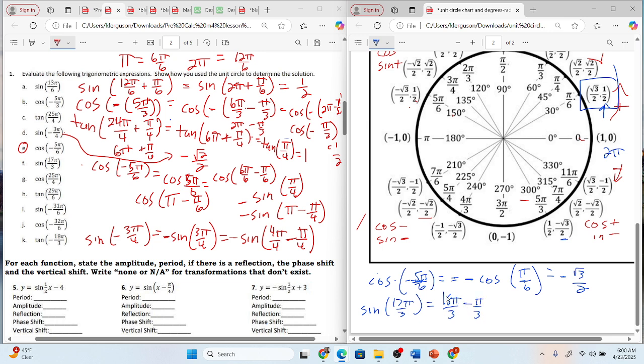Wouldn't that be 17? And that is 6 n times pi. So that's 6 pi minus pi over 3.